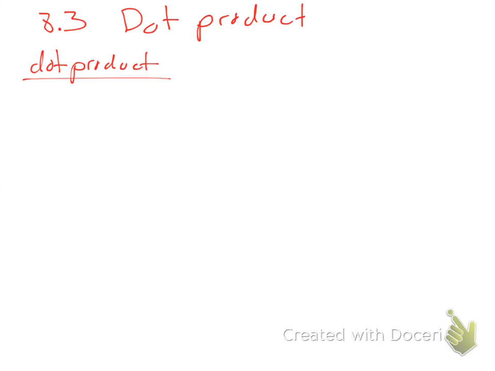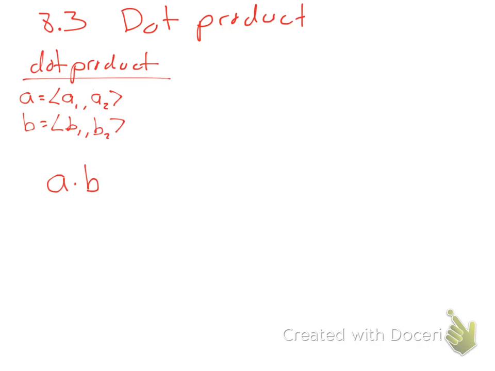The dot product is between two vectors. So I'm going to say that vector A is A1, comma, A2. Vector B is B1, comma, B2. Okay? And the dot product itself looks like multiplication.